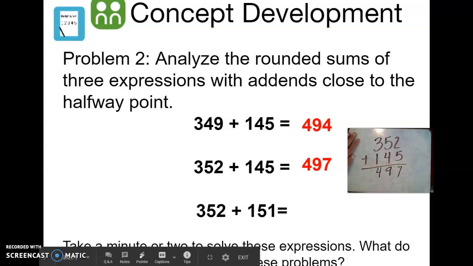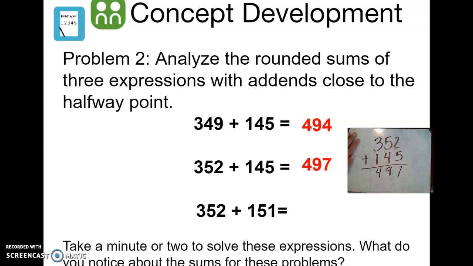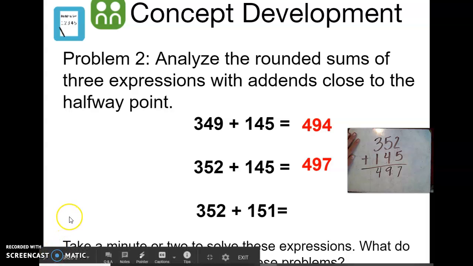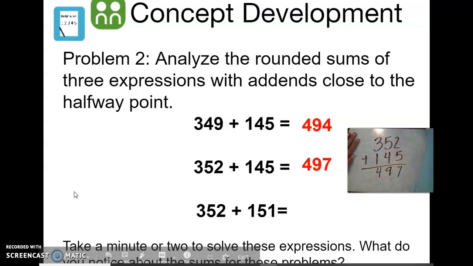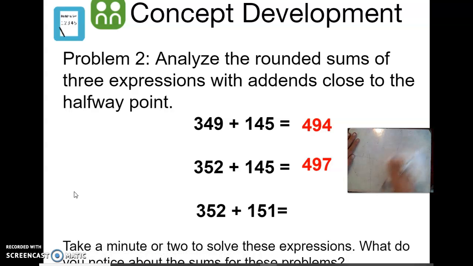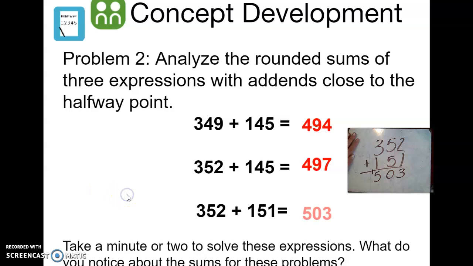Go ahead and pause the video and do number 3. 352 up top, 151, add the 2, 2 plus 1, 3, 5 plus 5, 10, 3 plus 1 is 4, 5. 503.